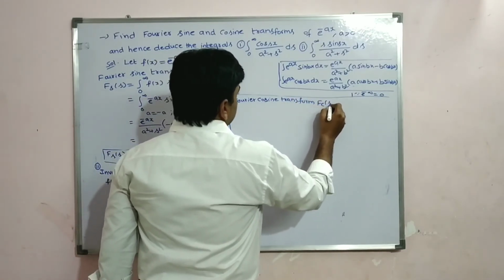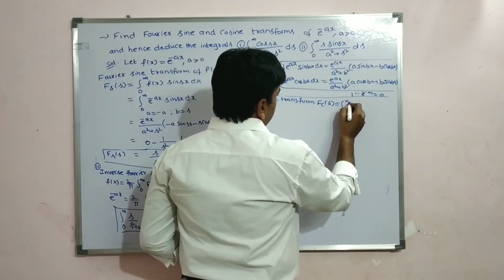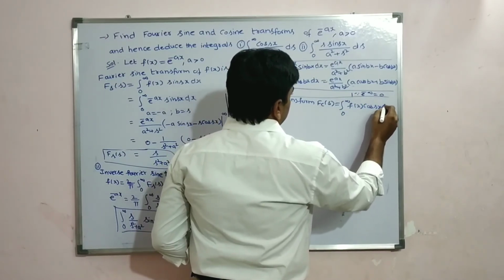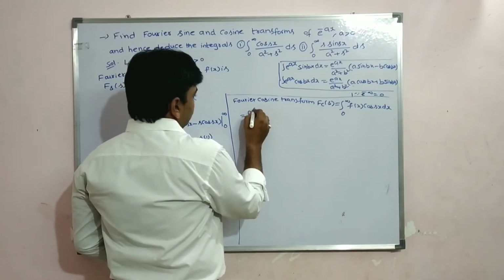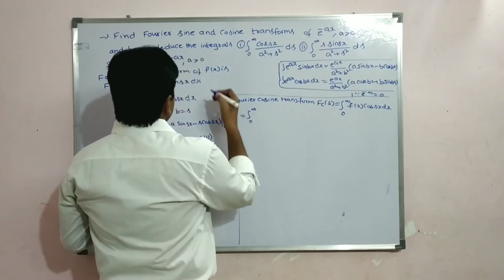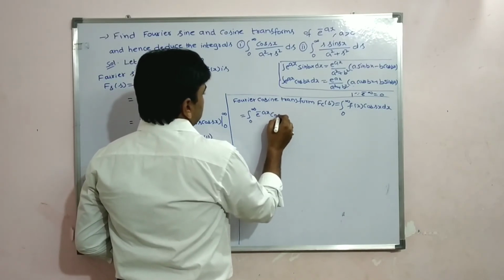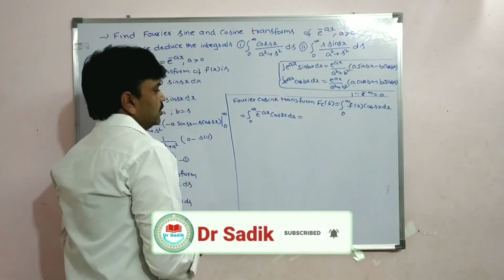Fc of s is equal to integral 0 to infinity f of x cos sx dx, so that is equal to integral 0 to infinity e power minus ax cos sx dx.